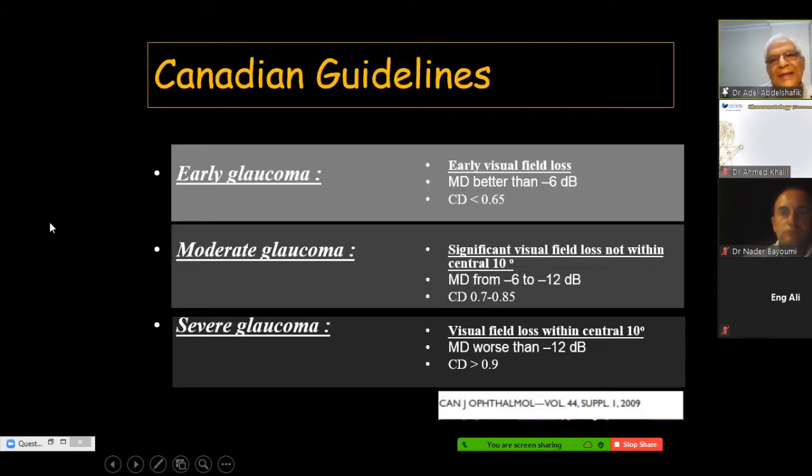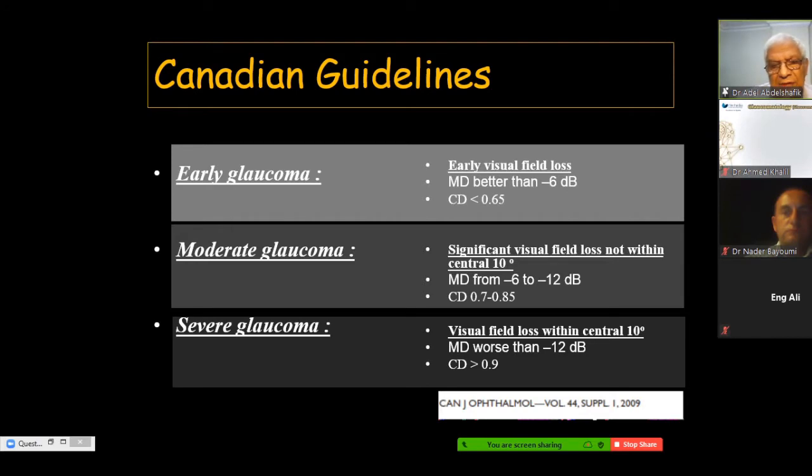If we come to the Canadian guidelines, they define early glaucoma by having field changes. They describe it as early field loss together with mean deviation less than 6 and cup-disc ratio less than 0.65. Moderate glaucoma, you have significant field changes.